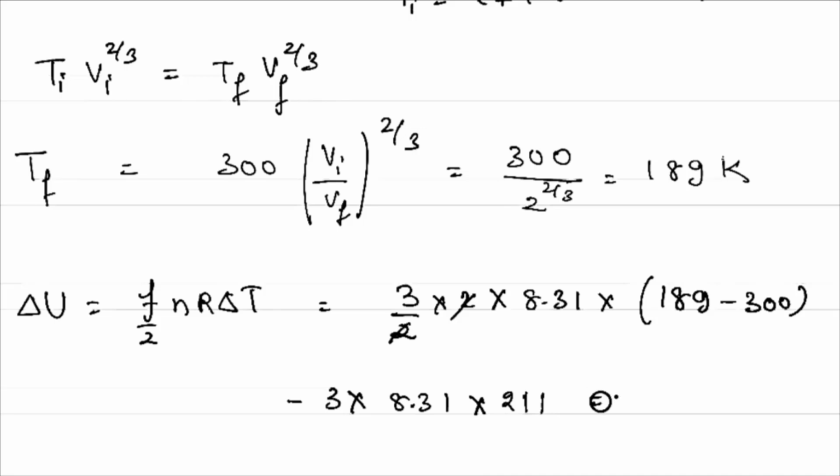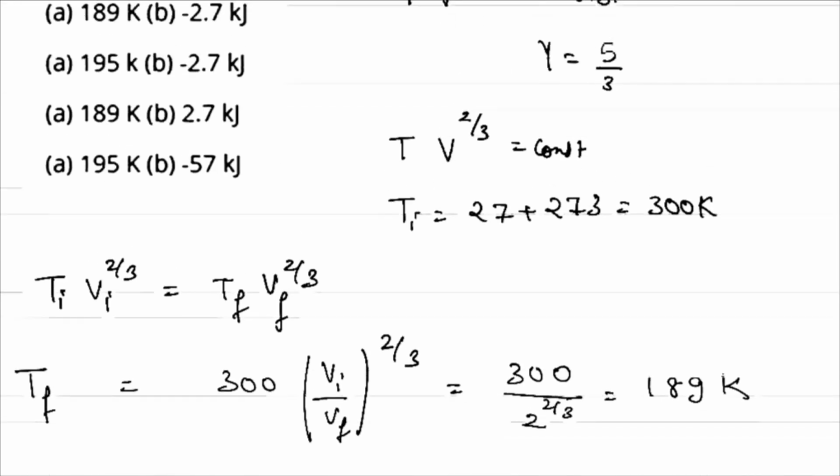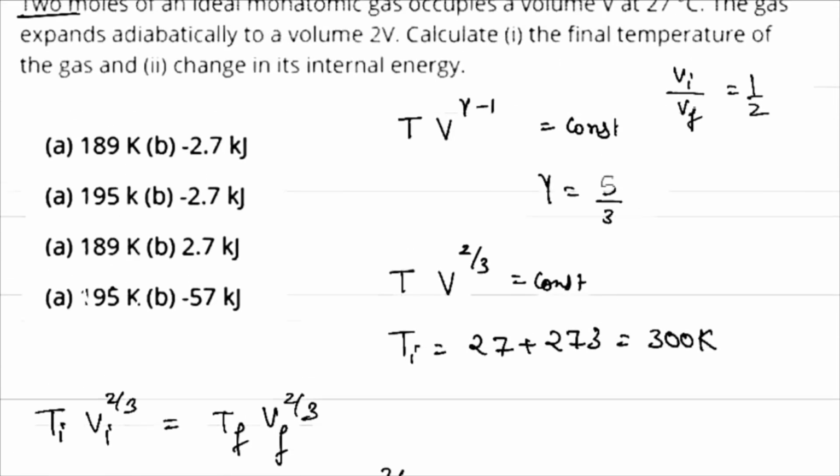Now you can multiply it, and after multiplying you will get the answer in joules. Now if you convert it into kilojoules, this will be the internal energy. Now you can check for the option. So you can see the A option is the correct one.